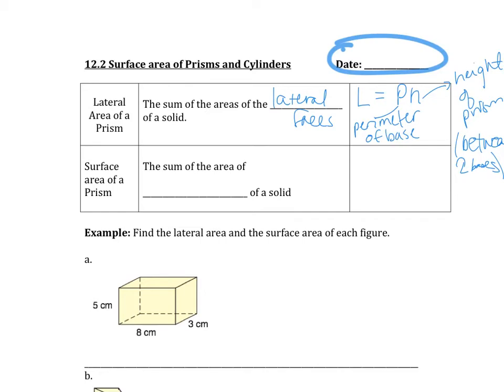Alright, and then the surface area of a prism is the surface area of all the surfaces of a solid. So we're going to have the two bases and the lateral faces.